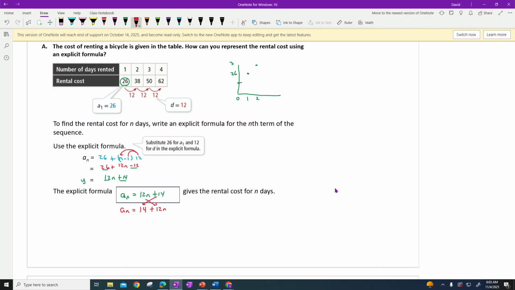If I was going for slope-intercept form, I'd be writing it this way, because there's my y-intercept, there's my difference. Go up 12 over 1, and make your dot. Go up 12 over 1, boom, there's my next number, up 12 over 1. Again, you would know that this is a discrete graph, so you would not connect these dots. So sometimes if we're going to keep doing the same thing over and over again, we're going to condense this. Okay, so look for that today.